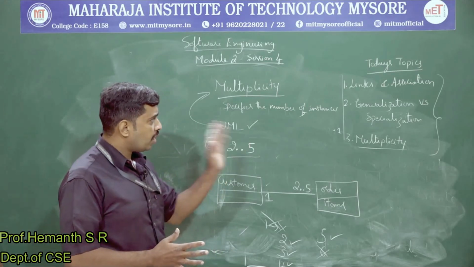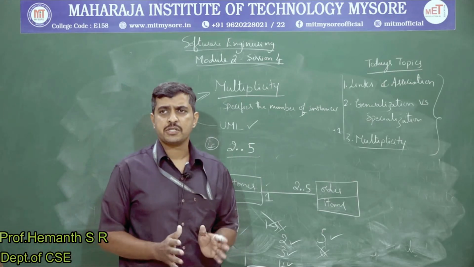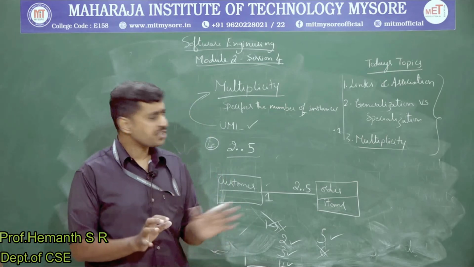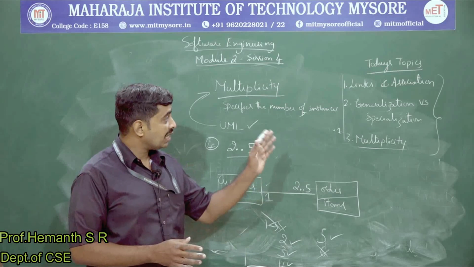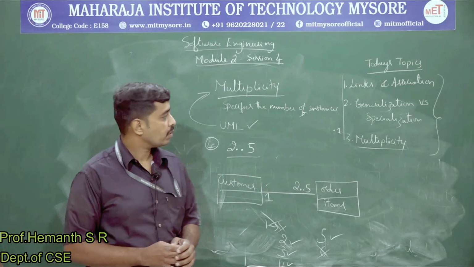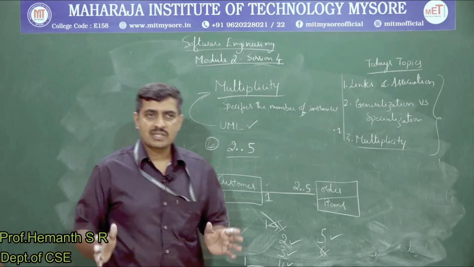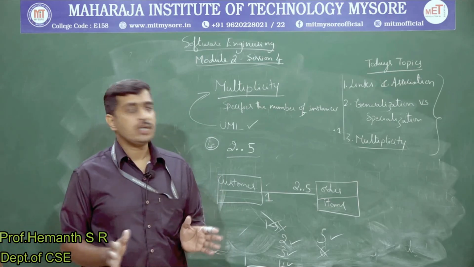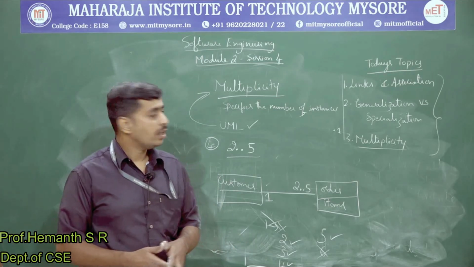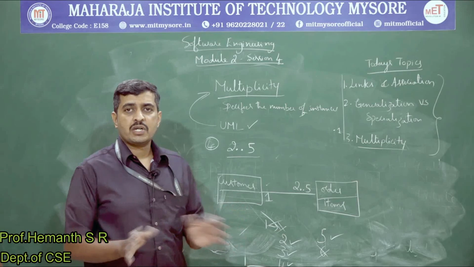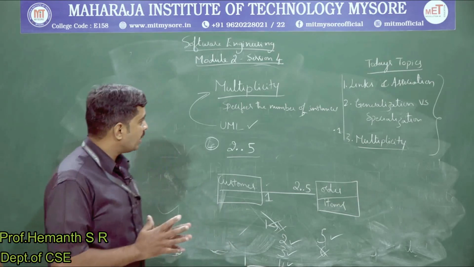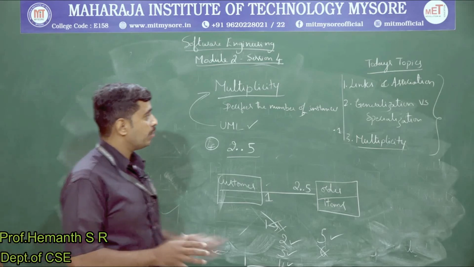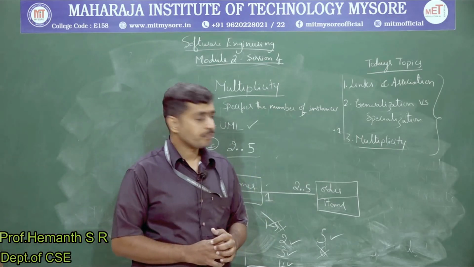We also understood how we can represent relationship between the classes, between the objects using link and association. Because we will have n number of classes, we will have n number of objects in object oriented modeling. These classes and objects are not independent, they are related to one another, they communicate with one another. How exactly they are doing it is represented using links and association.